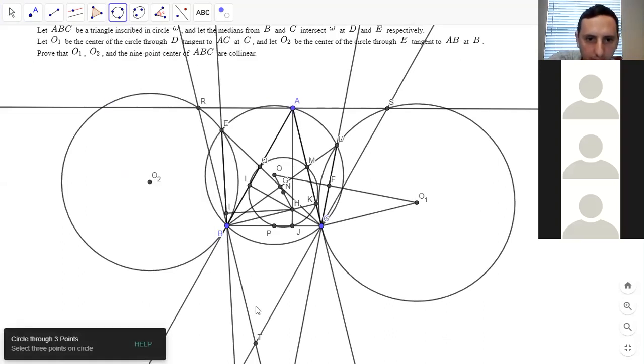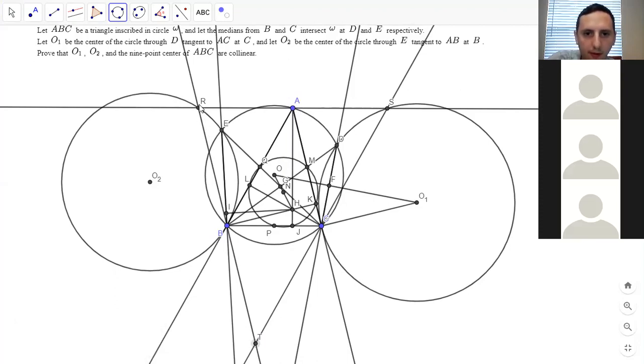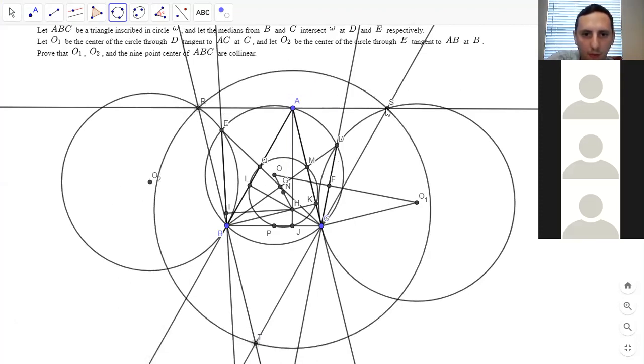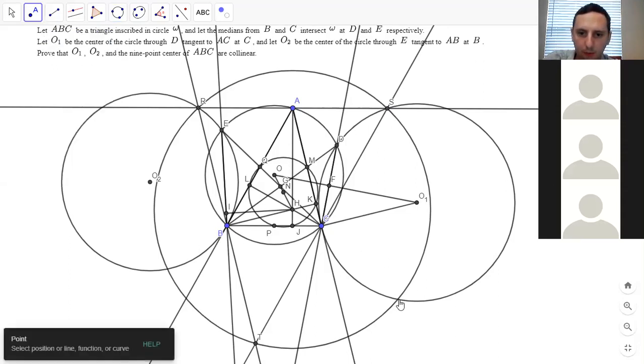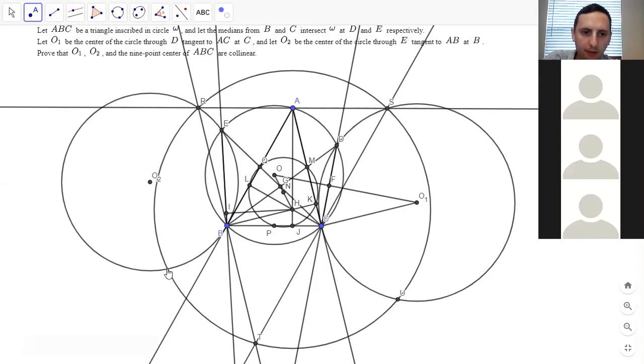So H is the center of that circle, RST. And so OH, if we draw the other intersection points, then O1H is perpendicular to SU. So maybe we could show SU is parallel to BE.